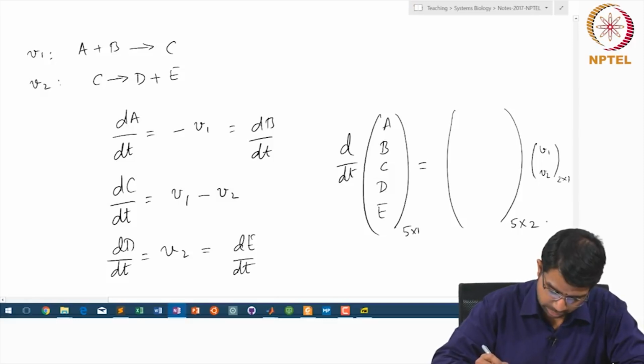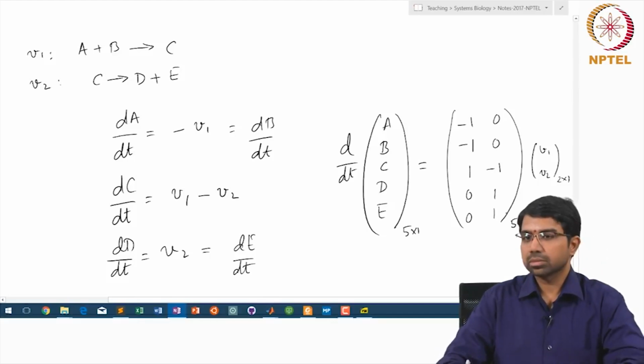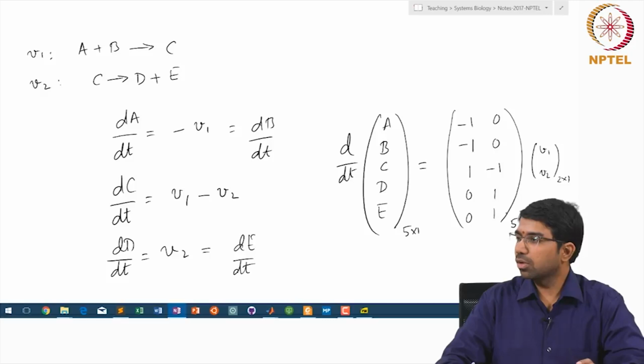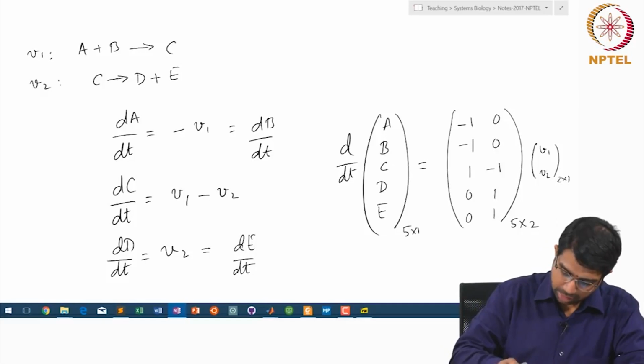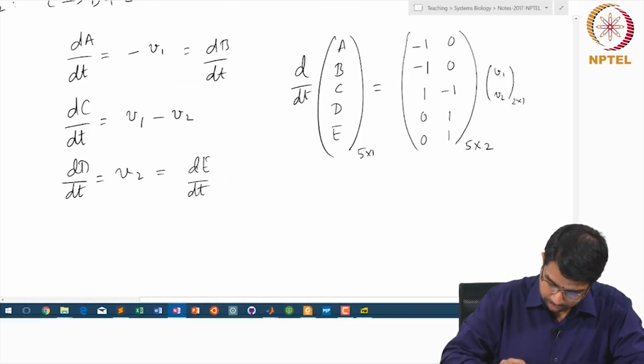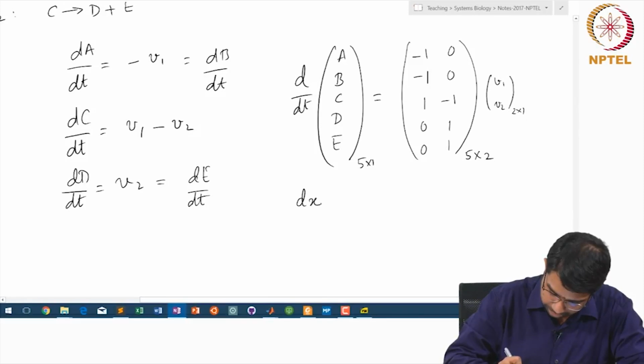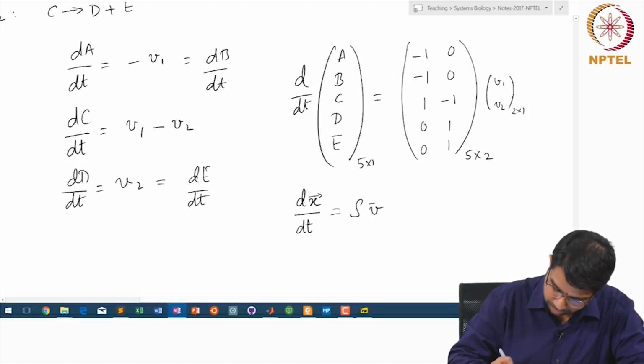And here I would basically just put minus 1, 1, 0, 0, 0, 0, minus 1, 1, 1. Straightforward, just matrices. Or I would say dx by dt equals S into V.